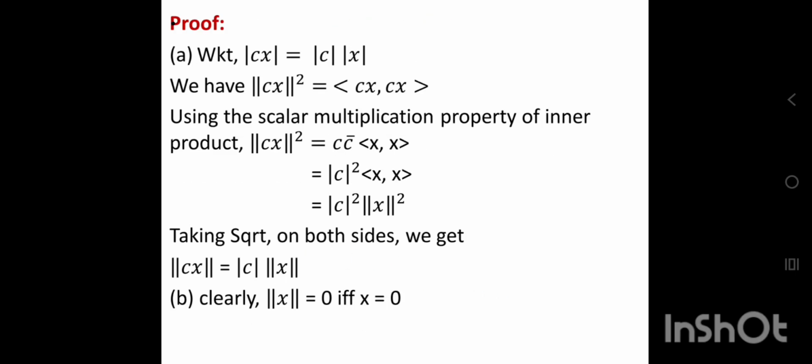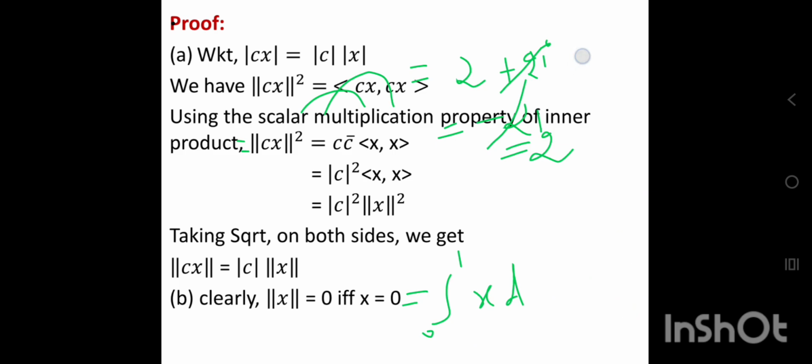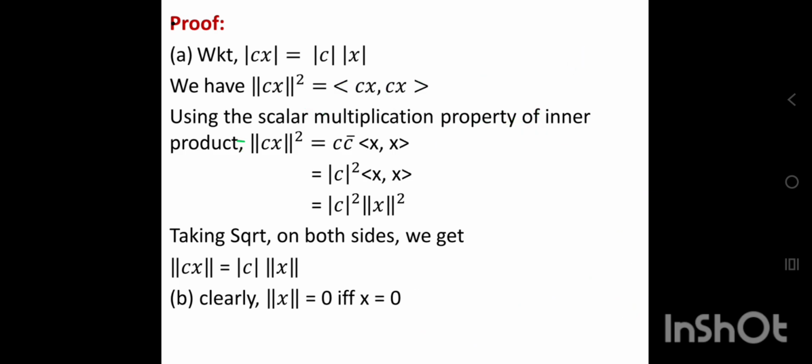That means if norm x equal to 0, we can write square root of inner product x comma x equal to 0.